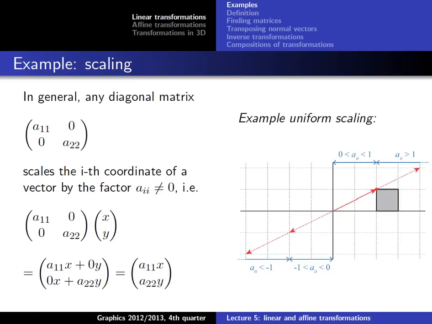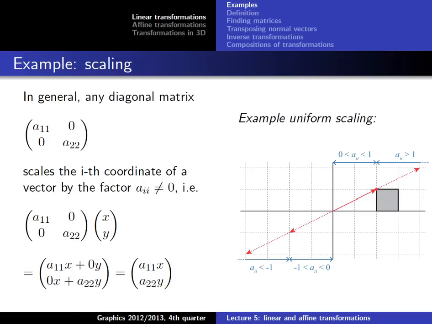In general, if we have a diagonal matrix, remember, a diagonal matrix is a matrix where only the values on the diagonal are unequal to 0, then multiplying it with a vector gives you as a result a vector where the coefficients are scaled by the coefficients on the diagonal.